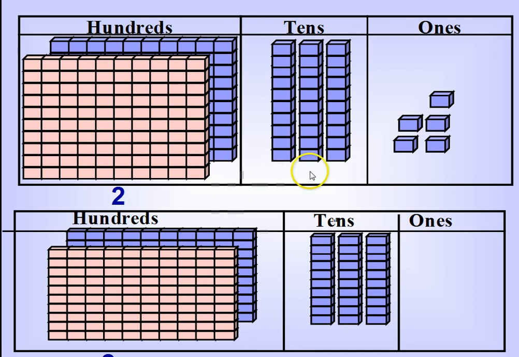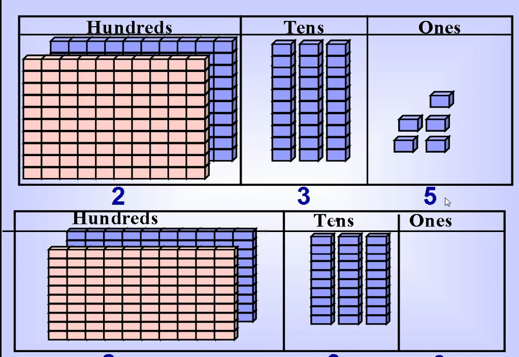Well, I have 3 tens here, and we have 3 tens here. Well, now we have to continue on to the ones places. We keep going from left to right until we find a difference. And now we have 5 ones and 0 ones, so we can determine which one is bigger.